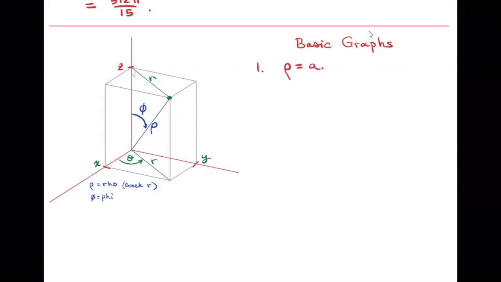Remember, rho is the distance from a random point in space to the origin, and I've just set that distance to a constant. So what is the shape?